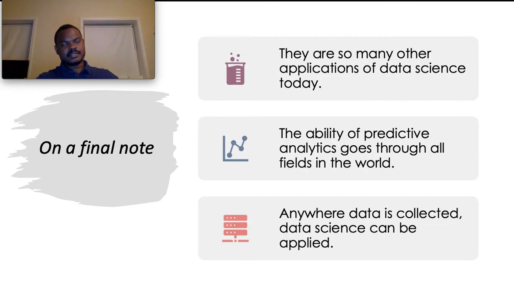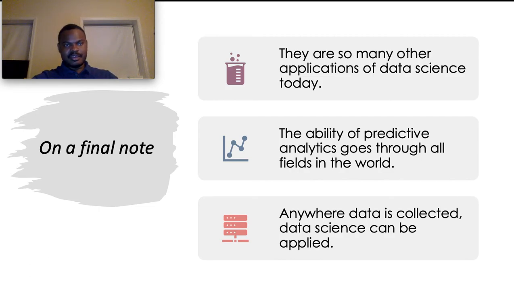So, in the final notes, in terms of use cases of data science, there are so many applications of data science today. I just gave you six industries, and within those industries, there are also multiple projects, multiple use cases that we did not get to highlight, but that exist, right? And so the predictive nature of machine learning and data science goes through all fields, and it's very important today.